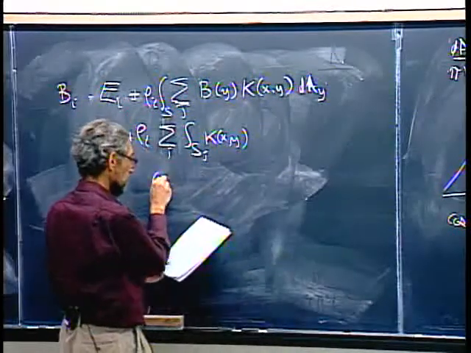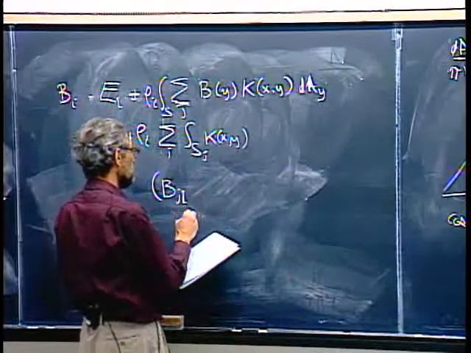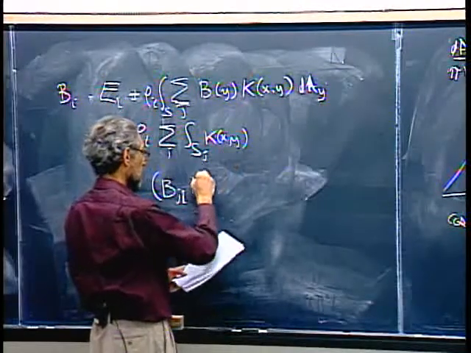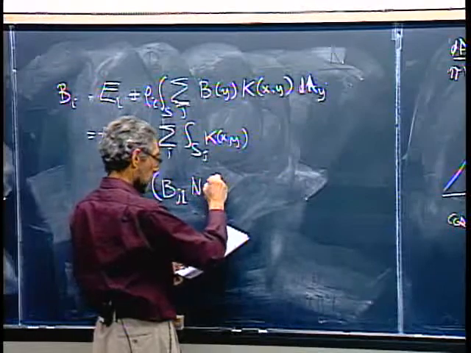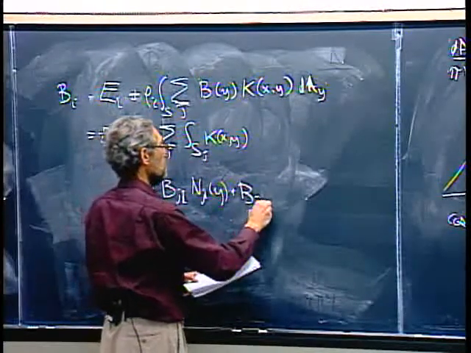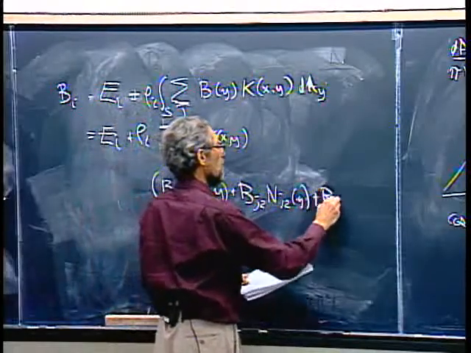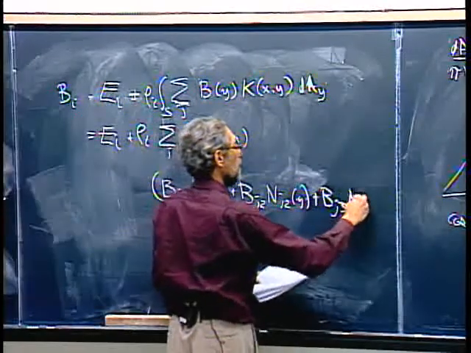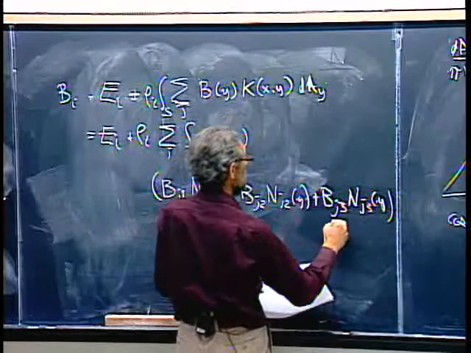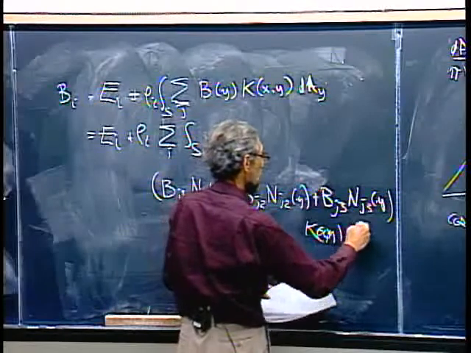I didn't really leave room for this factor, so it's b_j1 times N_j1 at y, say, plus b_j2 N_j2 of y, plus b_j3 N_j3 of y, where j1, j2, j3 are the 3 vertices of the triangle containing y, times k(x,y) dA.